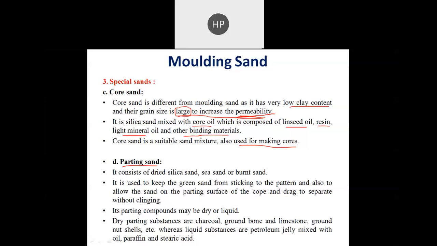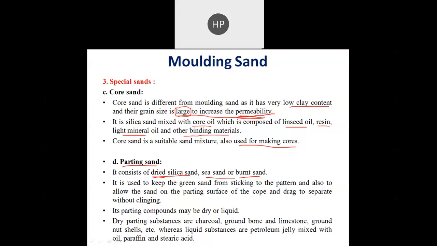So it consists of dry silica sand, sea sand or burnt sand. It will always be in a dry form because we are going to separate both the molds, and that's why it is dry.